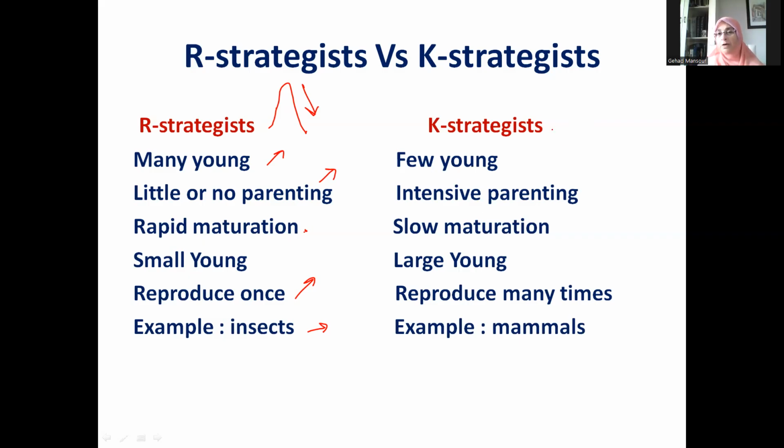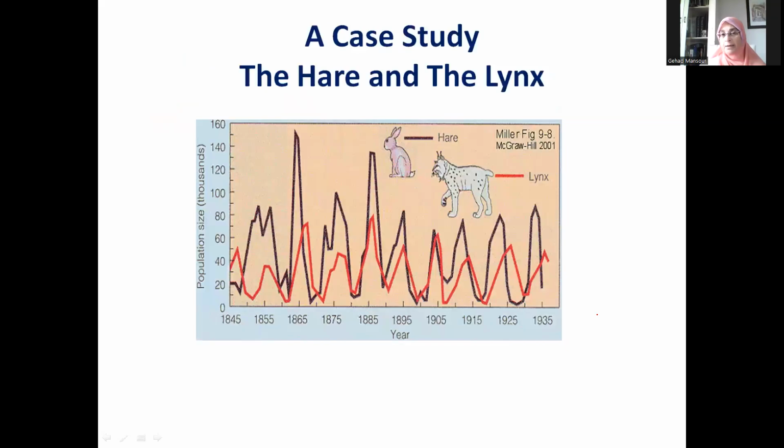And then we have the K strategists that have fewer young. Of course, the prototypes of r strategists are the insects and the fish, but the prototype of the K strategists are humans. So they have fewer individuals. They have intensive parenting, slower maturation, and larger individuals. They reproduce many times during their life, and we have mammals in general as an example.